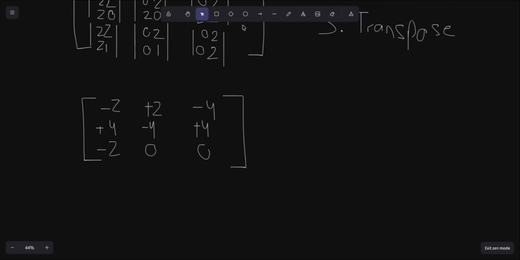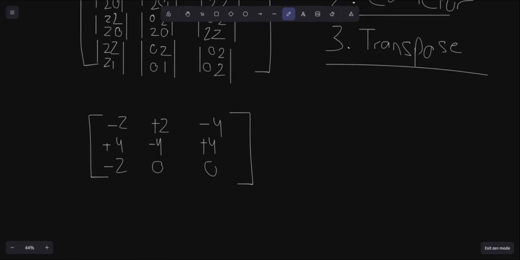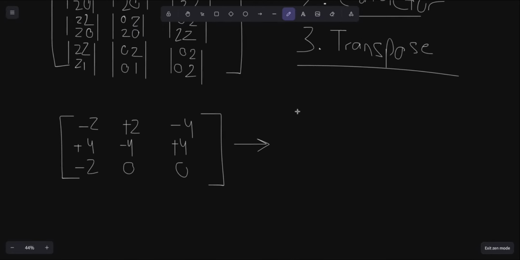Finally, you have to do something called transposing a matrix. That's another operation that, if you're taking linear algebra, you've got to be familiar with. Transposing pretty much just means that you, in a way, flip a matrix. What transposing a matrix looks like is you're just flipping the rows into columns.